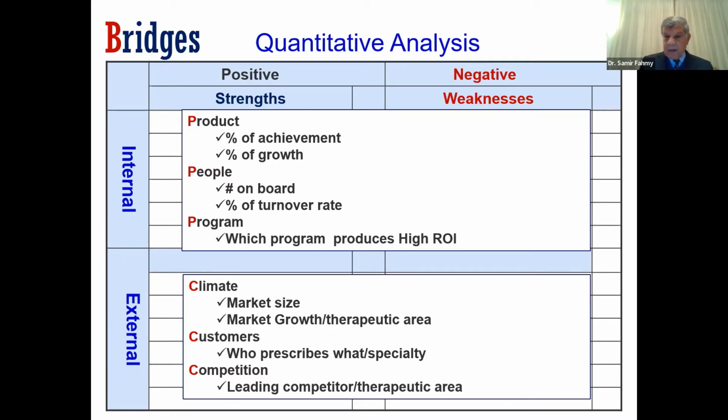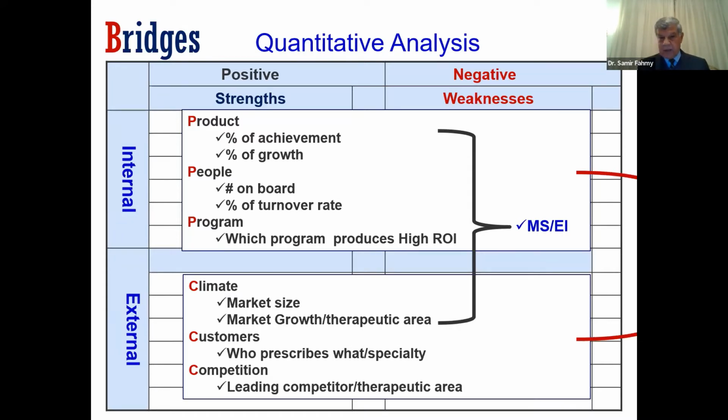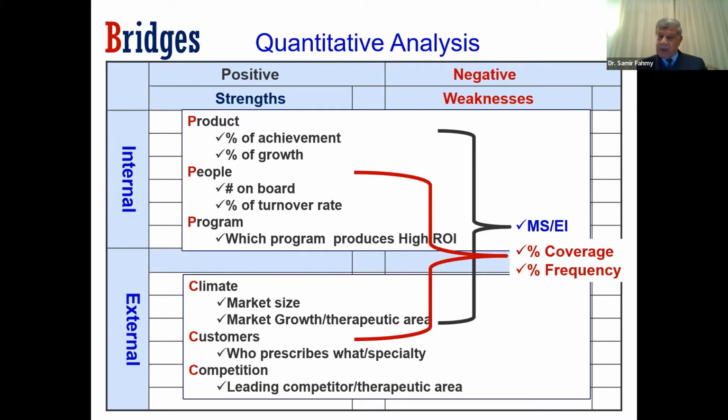Then, very important, if we look at the product and link it to the market, you will look at which market share you aim to achieve and the percent of evolution index. For the people and the customers that will be visited by them, we look at percent of coverage and percent of frequency of visits.